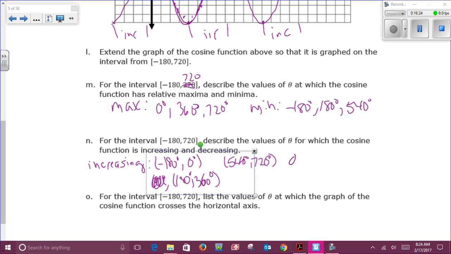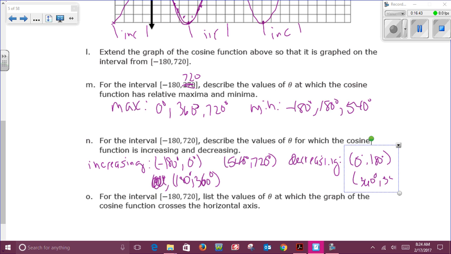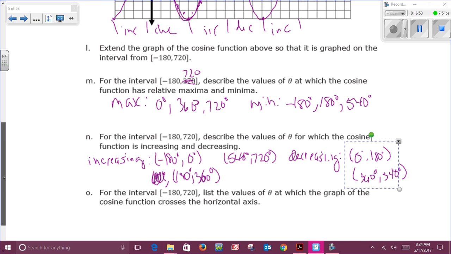And then it's decreasing every place it's not increasing. So it's decreasing from 0 to 180, and then again from 360 to 540. Okay.